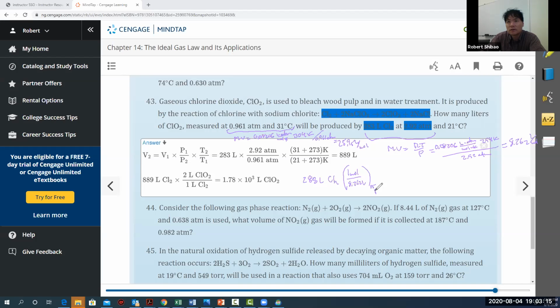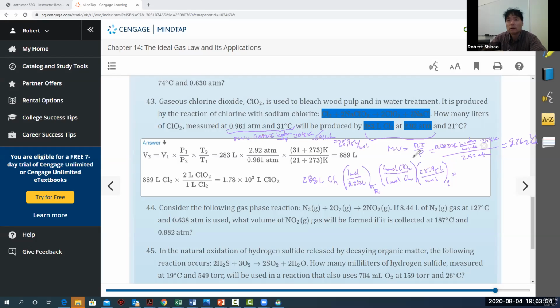Now we'll do the mole to mole conversion here, and that is, there are 2 moles of ClO2 for every 1 mole of Cl2. And then we're going to use this 25.95 liters of gas per mole. This would be the products conditions here.